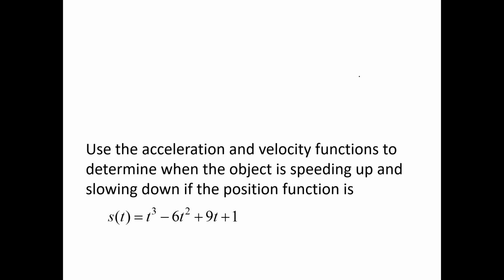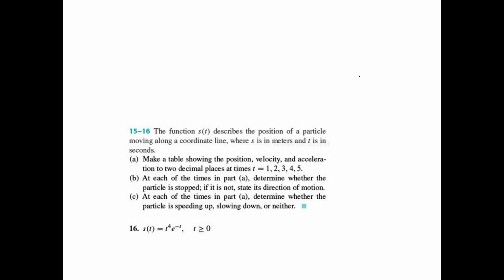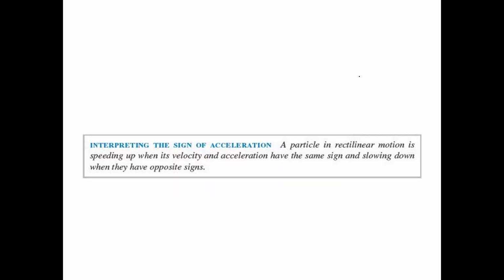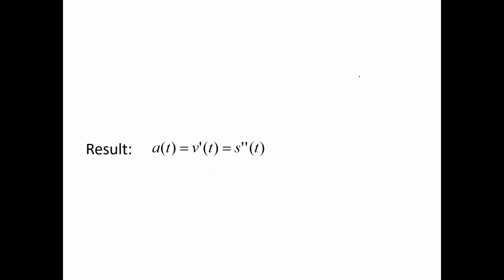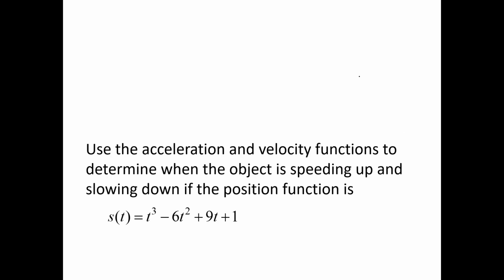So we've already discussed that. We've looked at those sign charts. All right, so let's just formalize it real quick. So it looks like from 0 to 1, they're working against each other, so they're slowing down.